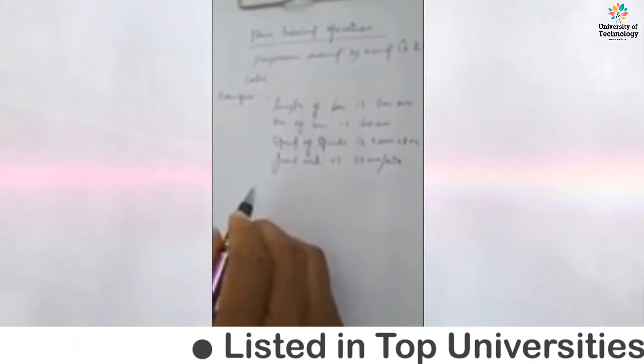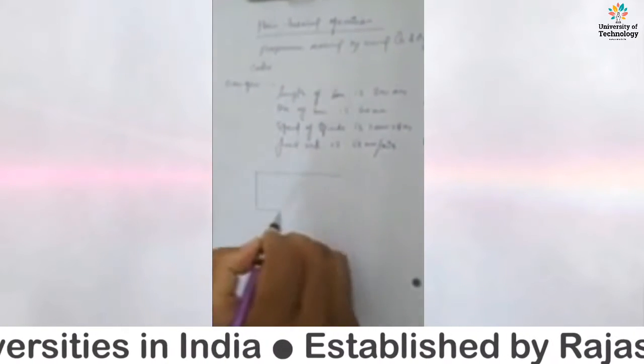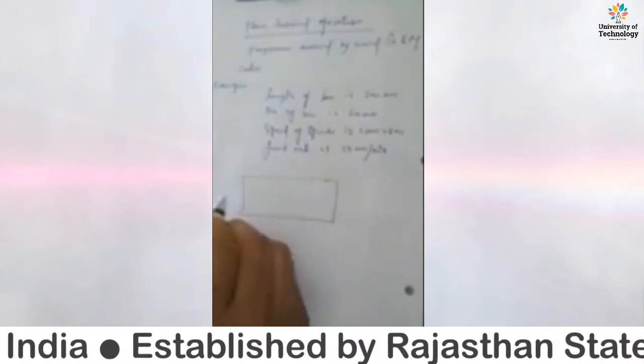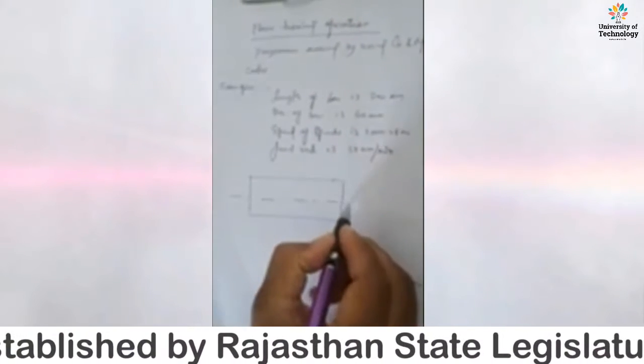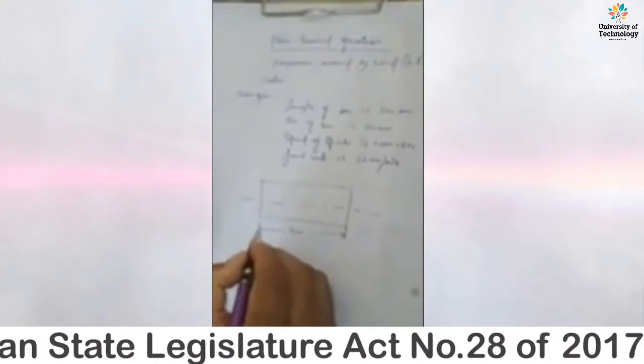We can draw the figure of this example. Length is 200 mm. Dia of bar 60 mm.